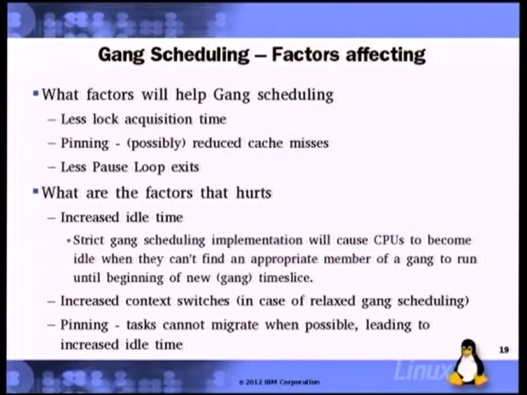I'll talk about these 2 types of gang scheduling in the next slides. And pinning sometimes introduces more idle cycles, the reason being the vCPU task cannot migrate. Because we pin them onto a CPU, they are not able to migrate even if the load on the other CPU is lesser.